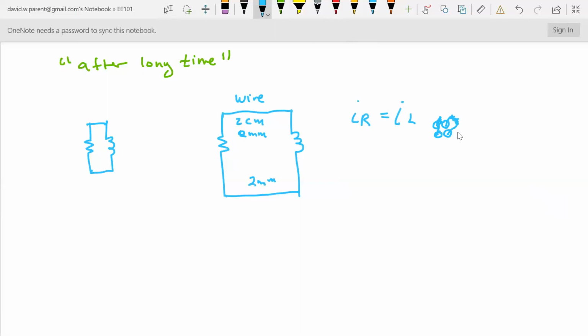So how can these currents be the same when things are changing? Right? Things can't go faster than the speed of light, right? So how would this communicate to that?